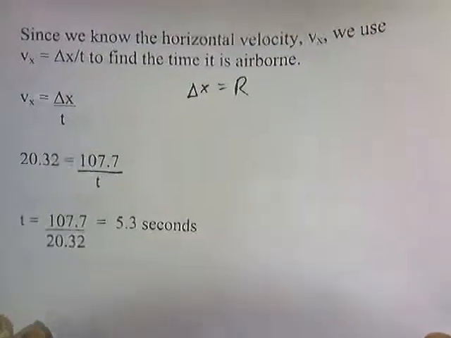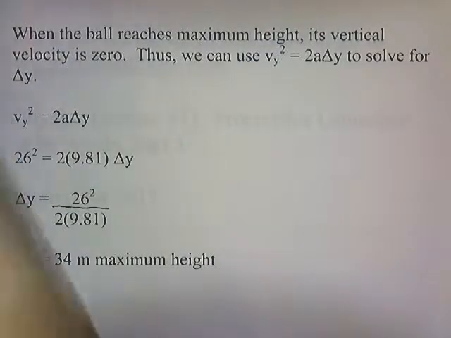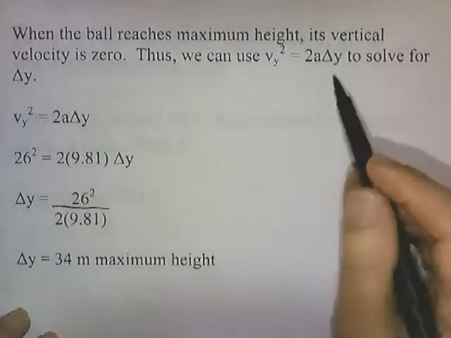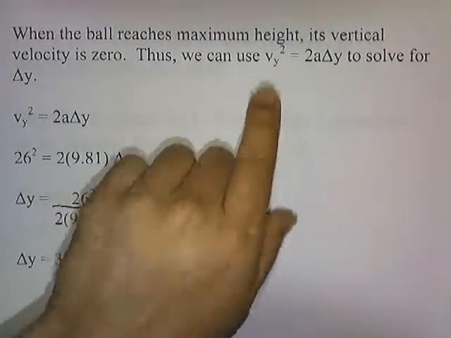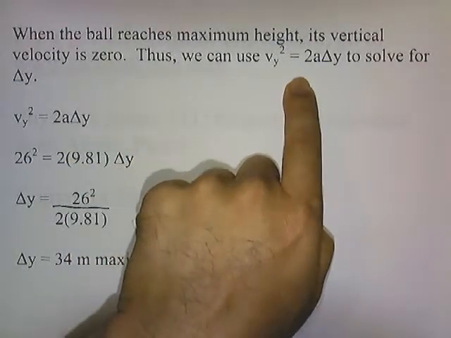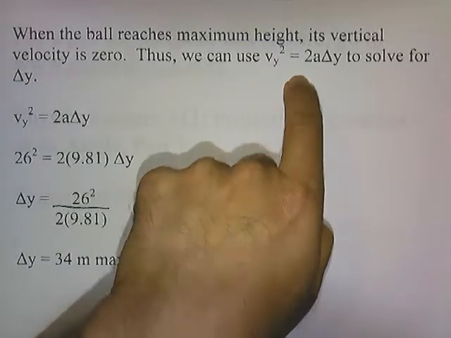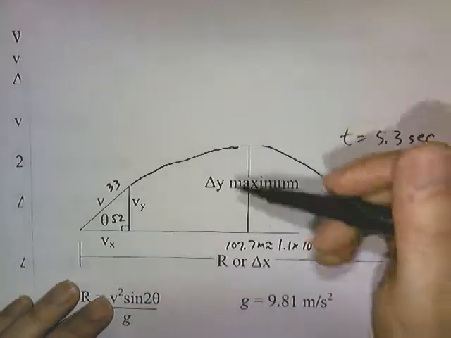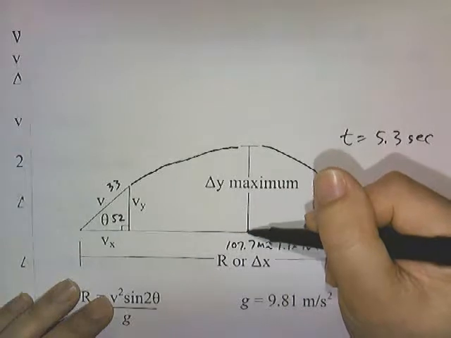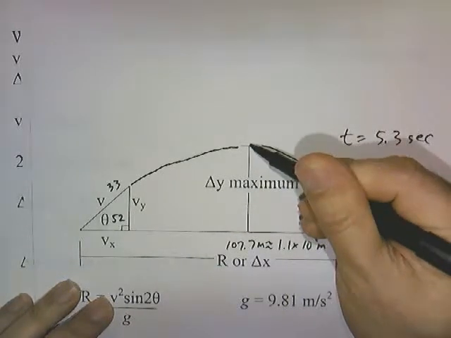All right, so now let's try to find the vertical height. When the ball reaches maximum height, its vertical velocity is 0. Thus, we can use v squared equals 2a delta y to solve for delta y. We use this formula anytime an object starts from rest or comes to a stop. Vertically, it goes up, up, up, slows down, stops.